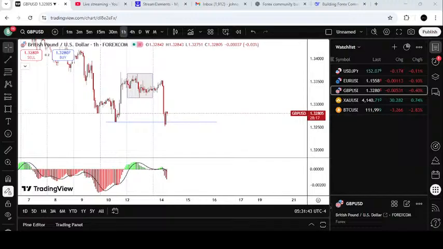Okay, I'm going to give a few minutes to allow people to join. While we're waiting, let me quickly scan through some of the pairs we'll be looking at.